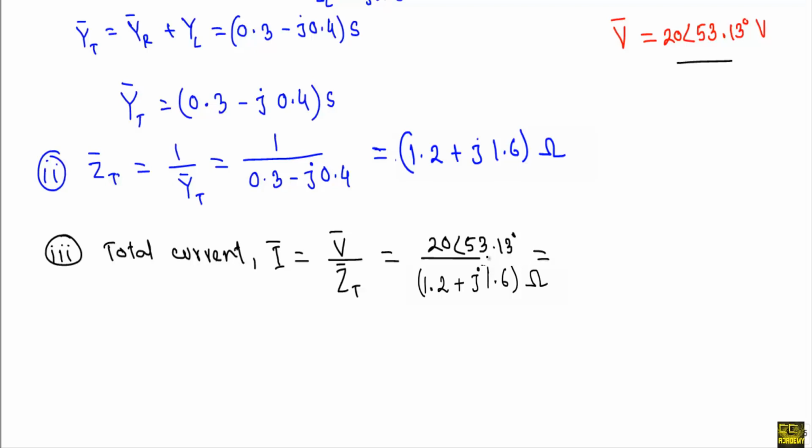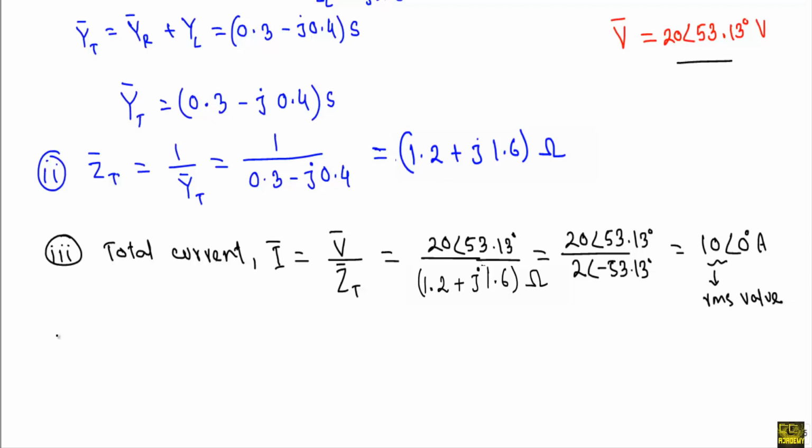Or if I express impedance in polar form, I will get 2 phase angle 53.13 degree, and voltage is 20 phase angle 53.13 degree. So this I will be equal to 10 phase angle 0 degree ampere, where this 10 ampere indicates the RMS value of total current.